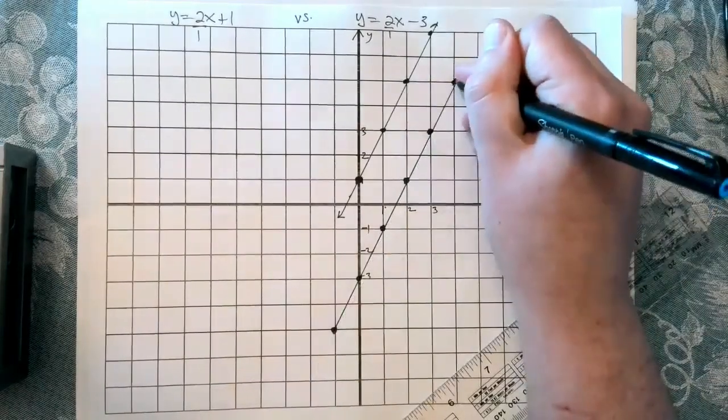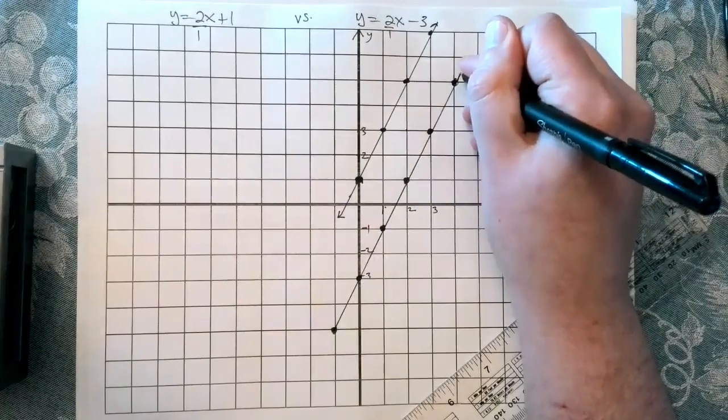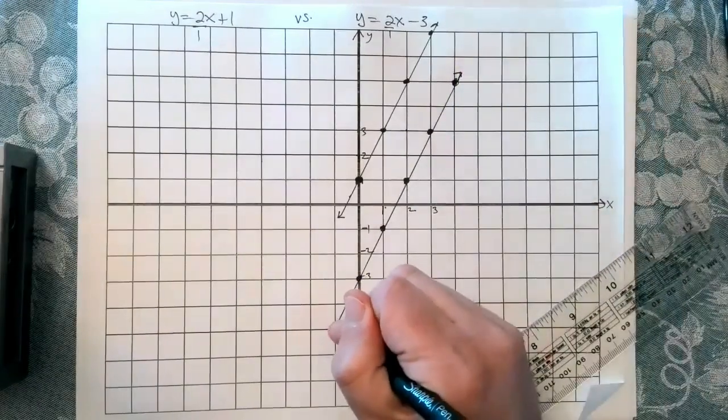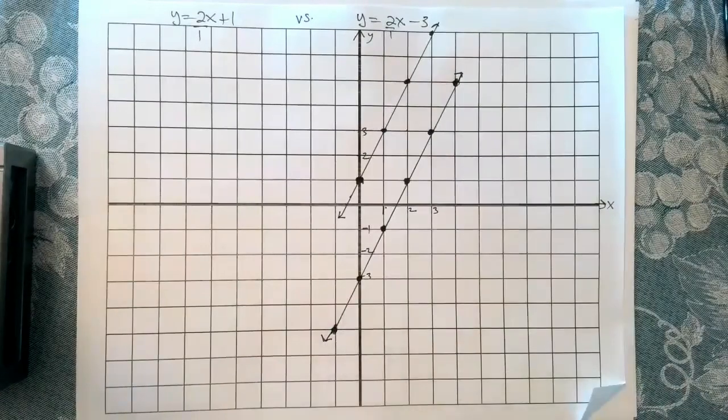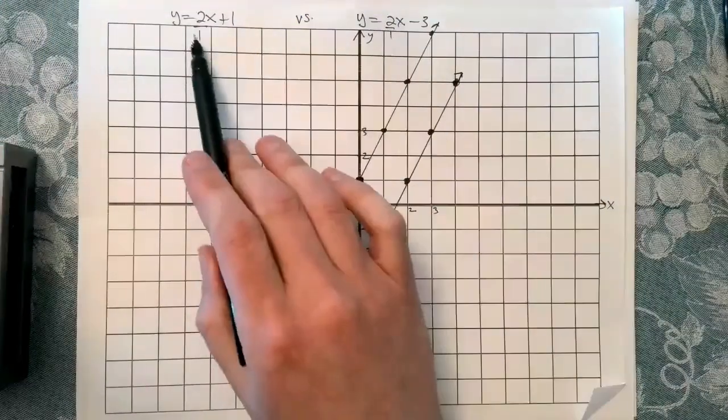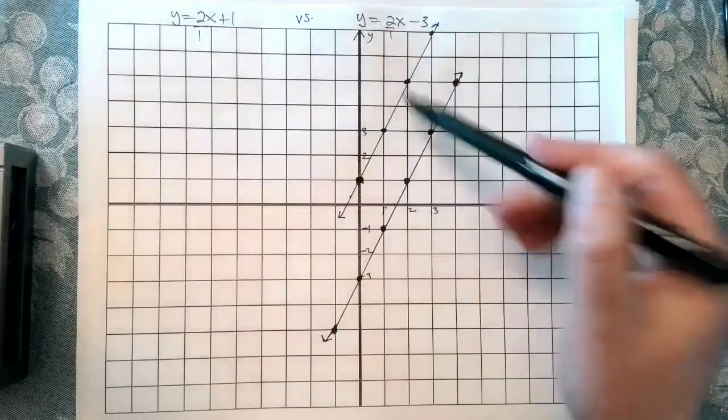Just make the points bigger if it doesn't fit. Best advice I got in high school. Make the points bigger if it doesn't fit. And you can see these two lines have equal slope. They're parallel.